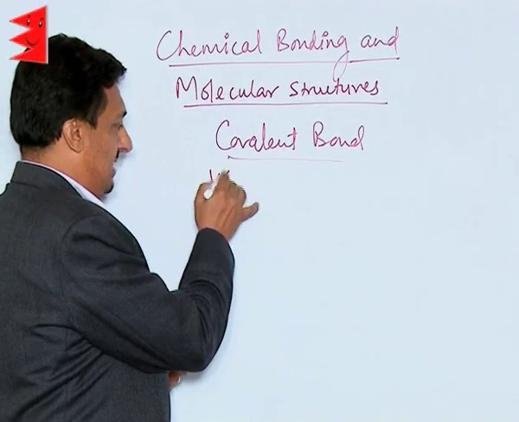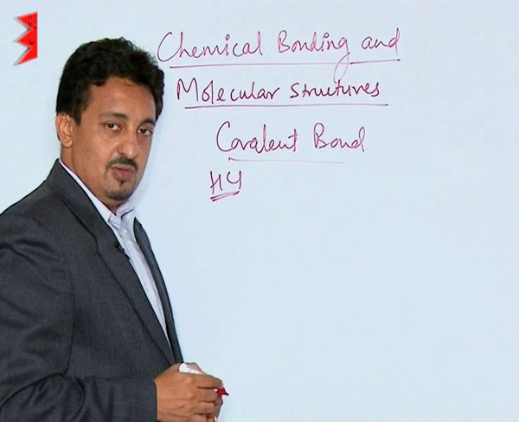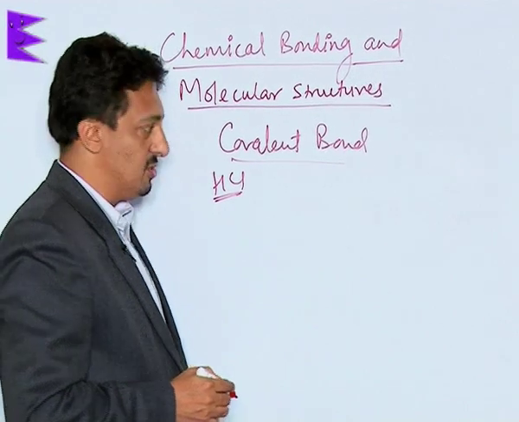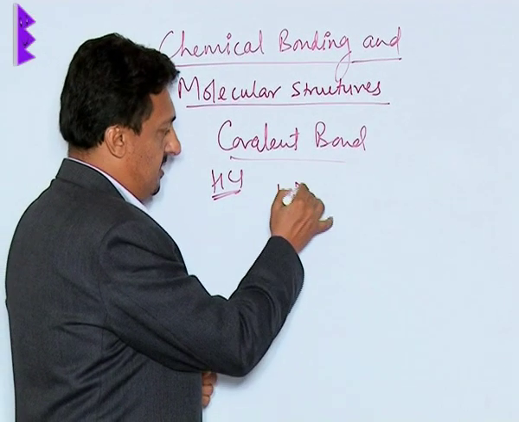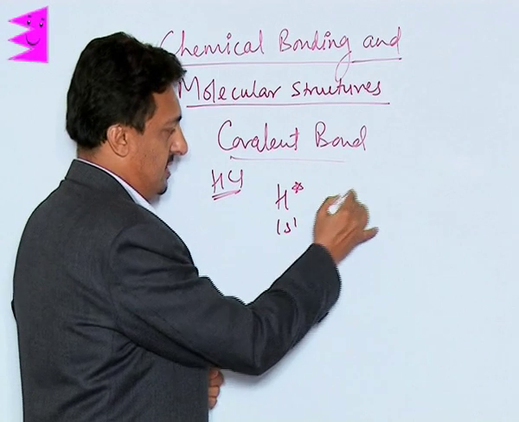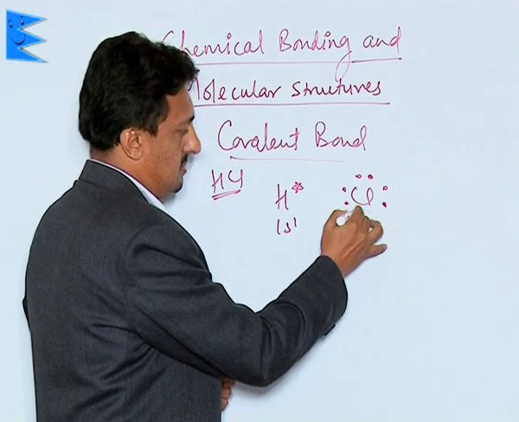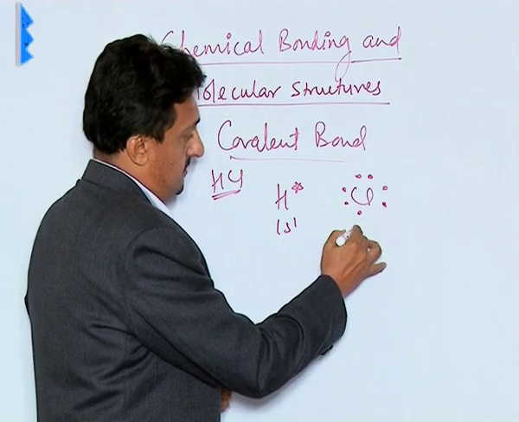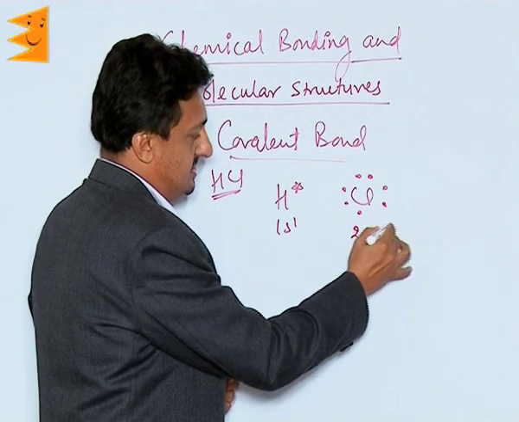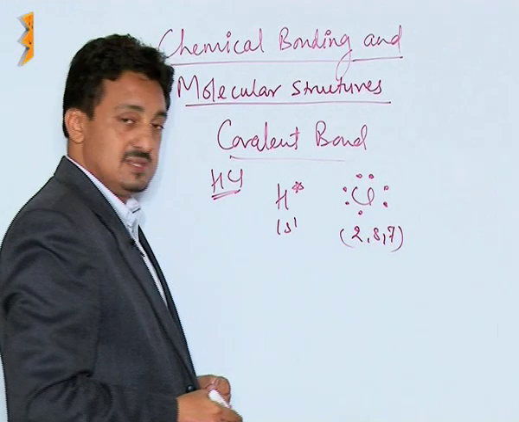Let us take the example of the HCl molecule, hydrochloric acid or hydrogen chloride. In this we know H has one electron, 1s1. Chlorine has 2, 8, 7, like this.